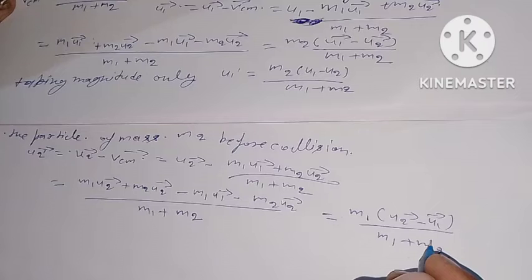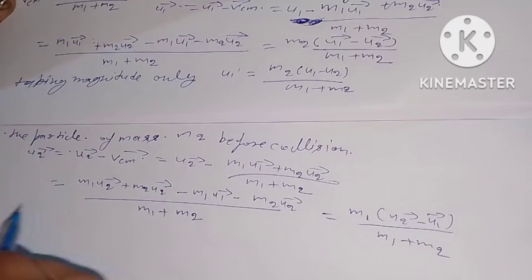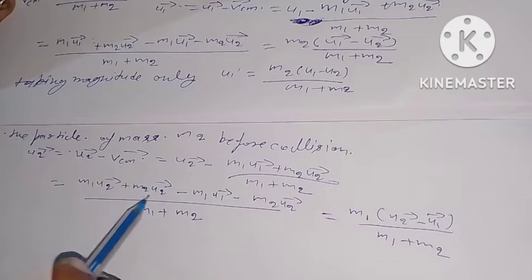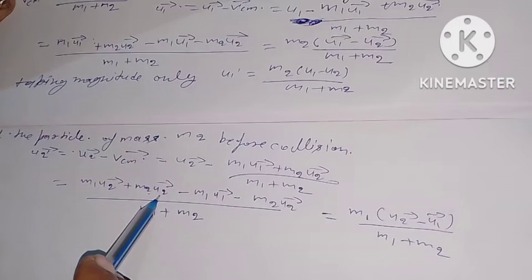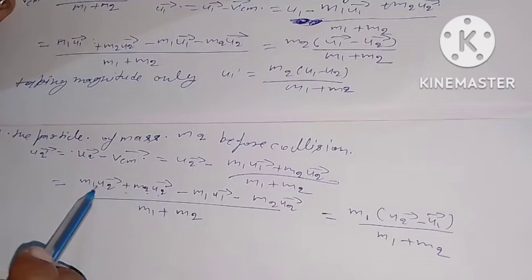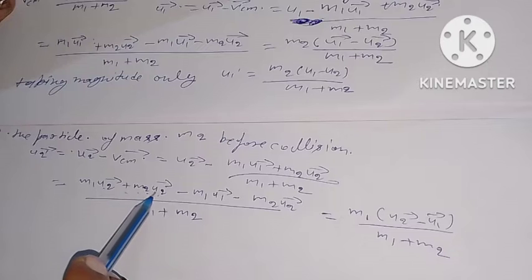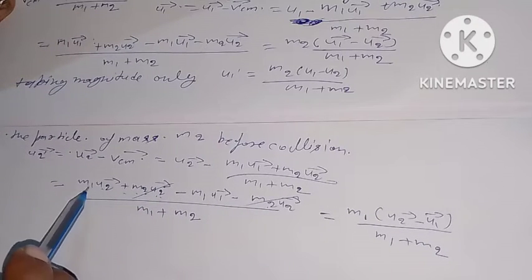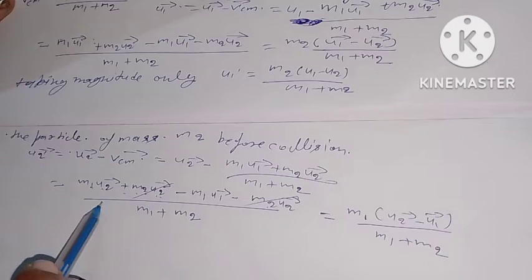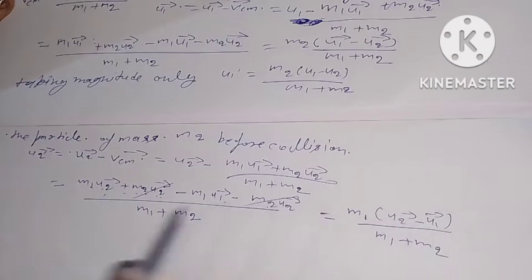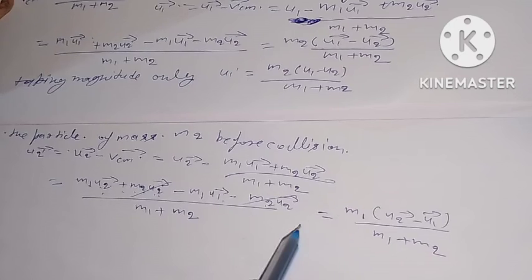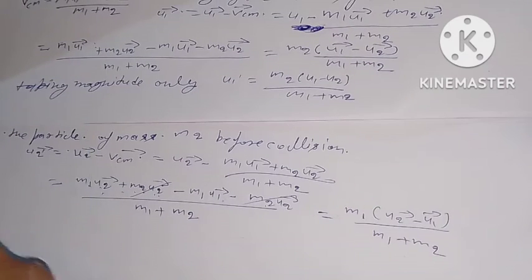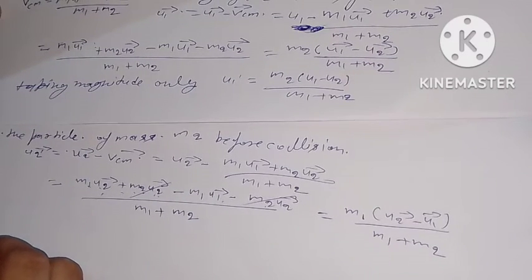because m2 u2 minus m2 u2 cancel out. So m1 is common in the bracket, u2 minus u1 upon m1 plus m2.